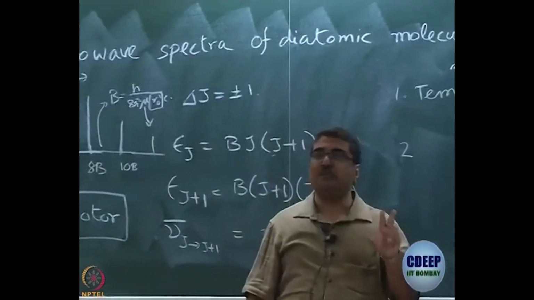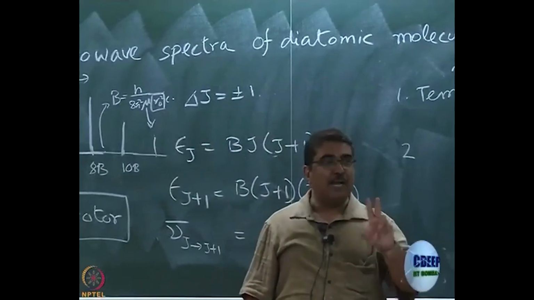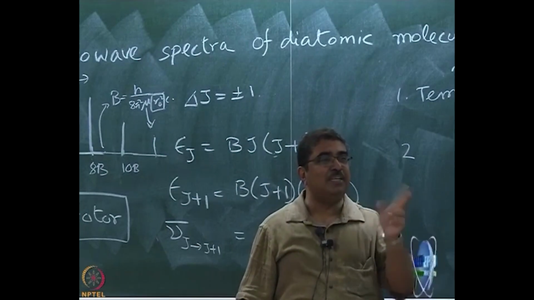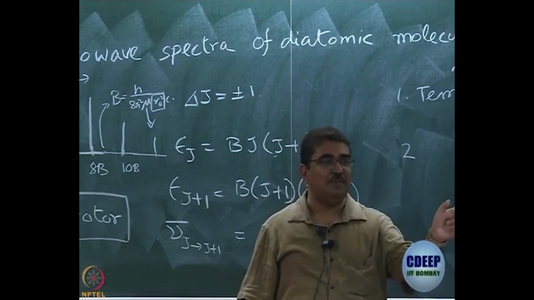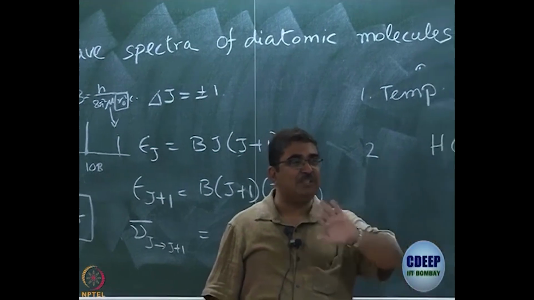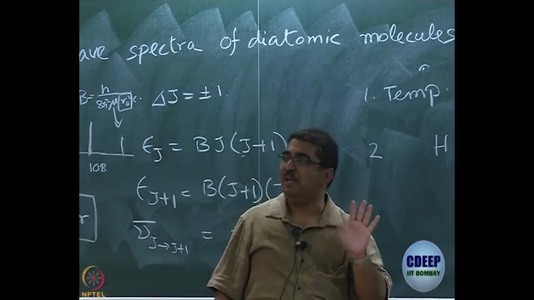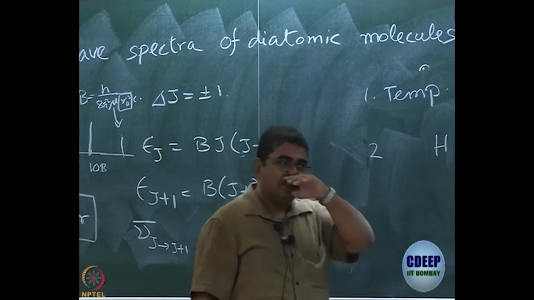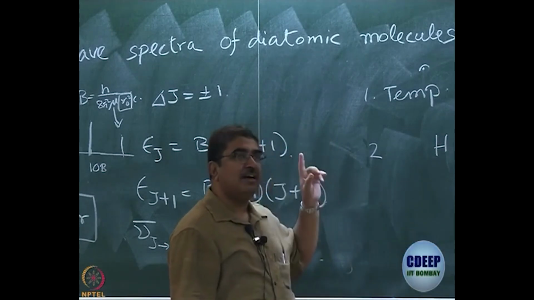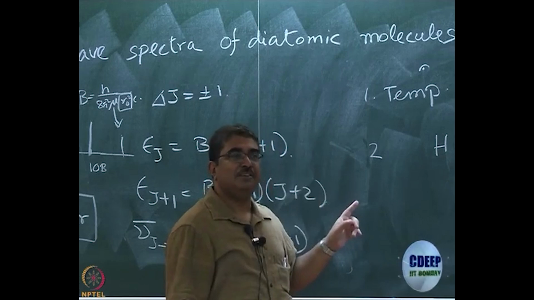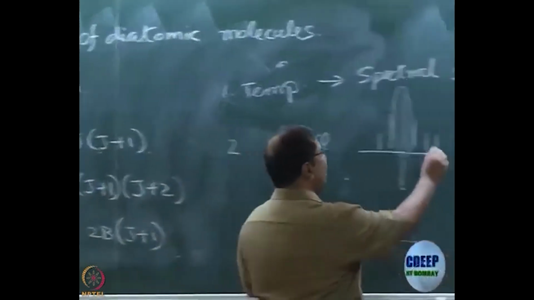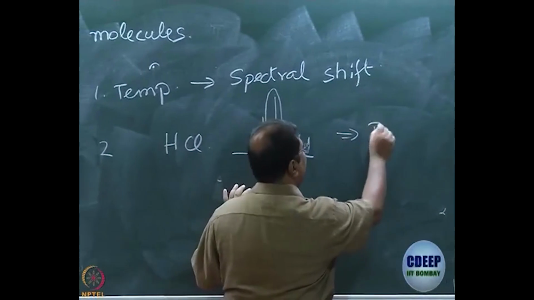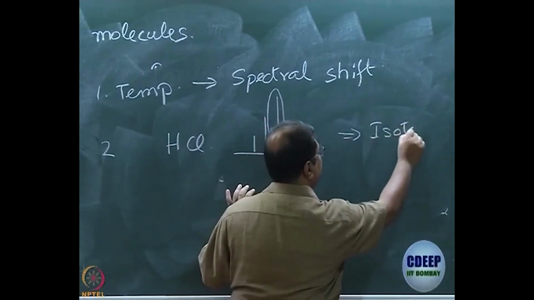So, if you have two isotopes present, then you actually have two kinds of molecules with two kinds of mu's. For that, you are going to get different values of B, isn't it? So, every line will actually consist of two lines. So, if you can do high resolution microwave spectroscopy, then you can get an idea about isotopic abundance.